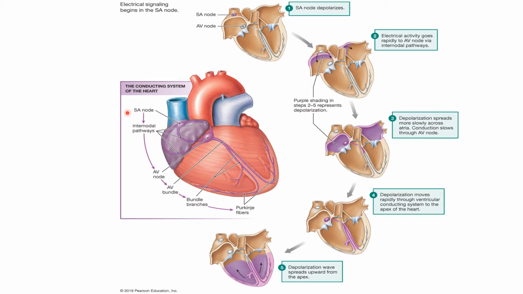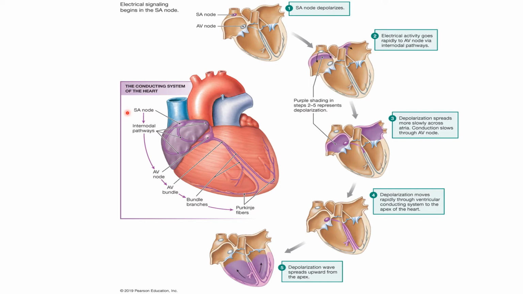The rest are going to be the contractile cells. Autorhythmic, auto meaning self, and the reason why we call them self is because they can initiate their own action potential spontaneously in the absence of any input from your nervous system.